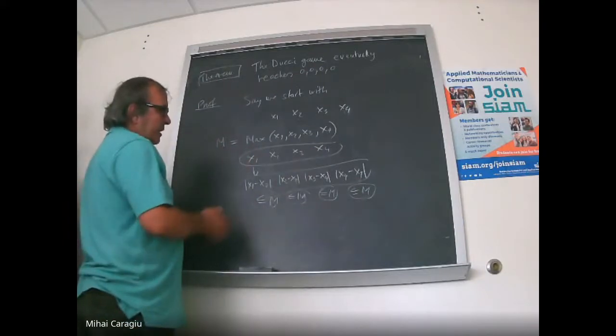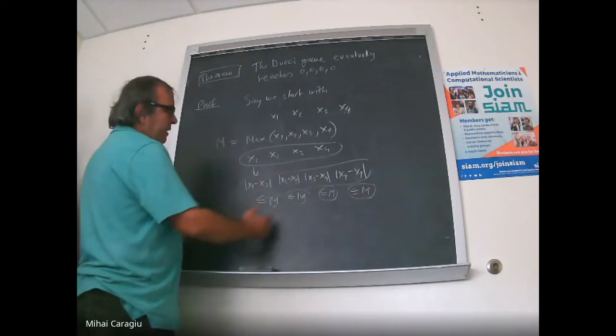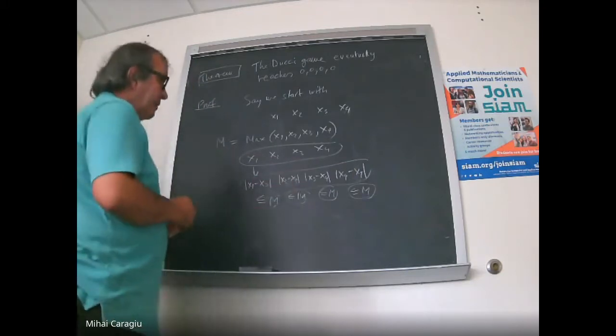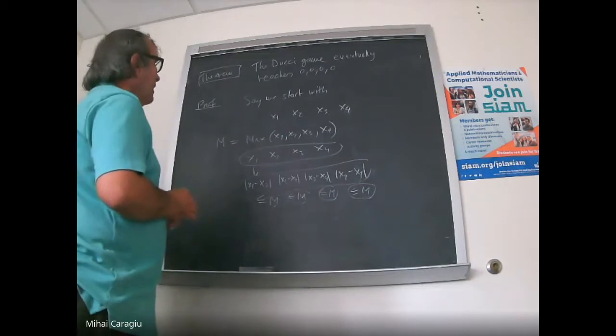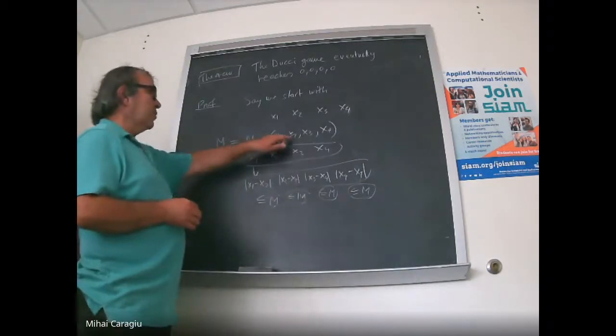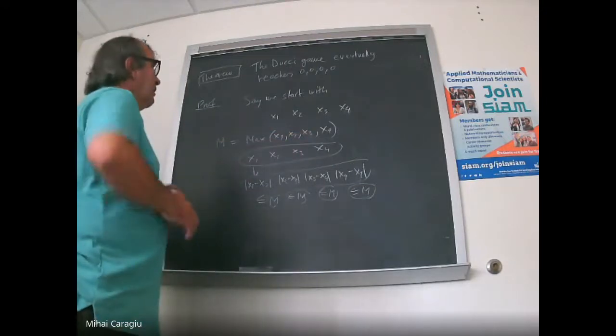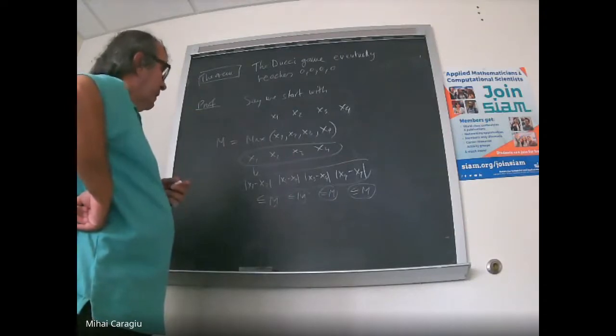By the same logic, we iterate again, and all the numbers in the third row will be less than or equal to n, and so on. So basically, if n is the maximum of x1, x2, x3, x4, then all the subsequent numbers appearing in the Ducci game are less than or equal to n.